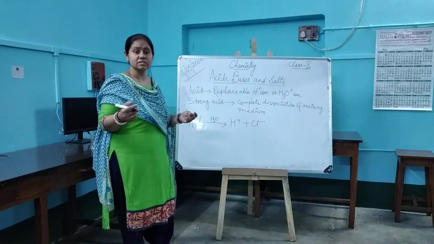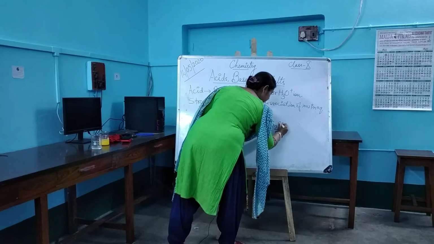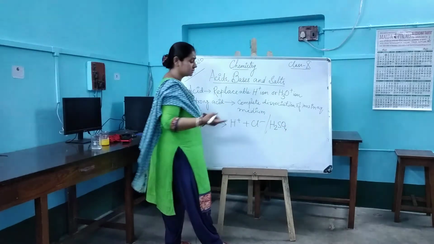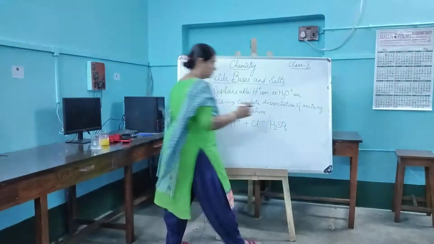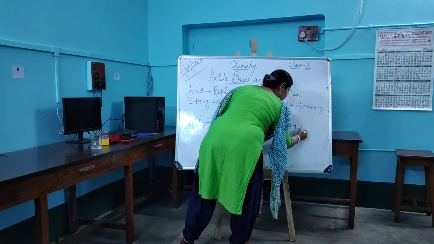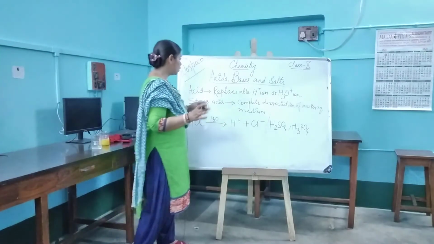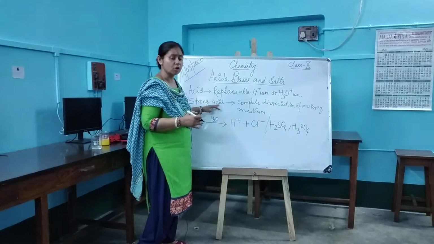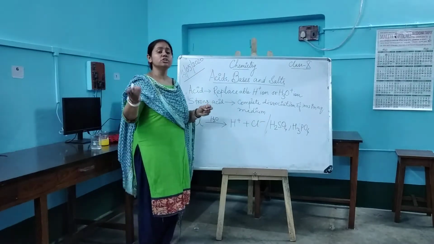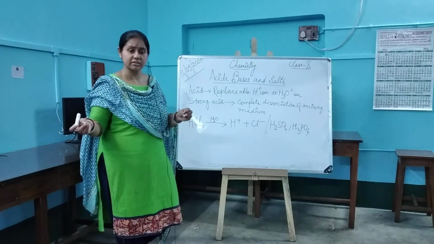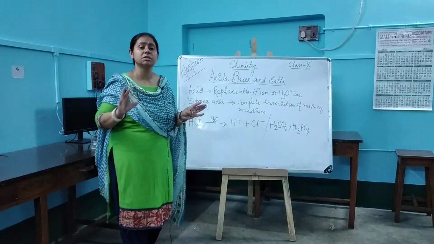There are some more examples of strong acid. See, we have H2SO4. This is a strong acid. Basically, the mineral acids are all strong in nature. Or we have phosphoric acid, H3PO4. So if you want to classify the acids as strong, that means all the mineral acids, which are made either in the industries or in the laboratories, not from any plant or animal sources.